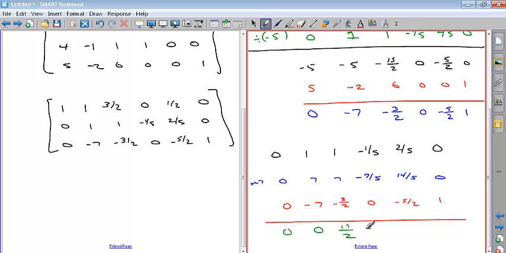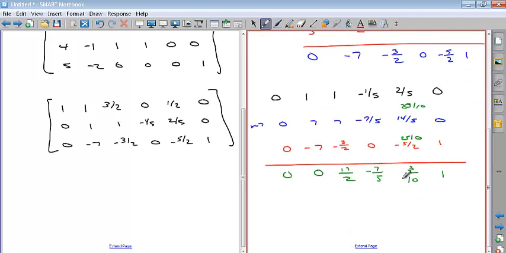Here we have -7/5, we have 14/5 minus 5 halves. So this will be 28 tenths, and this will be 25 tenths. So we add those together: 28 minus 25 is 3 tenths, and 1. And so that'll be our new third row.